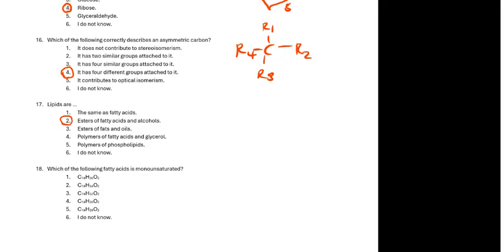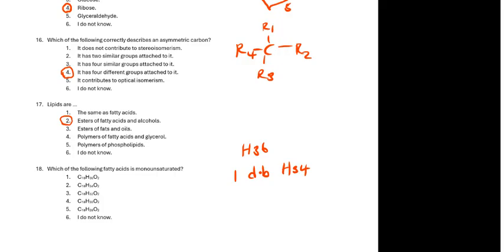So 18, which of the following fatty acids is monounsaturated? So here we need to understand that a saturated fatty acid has got a maximum of 36 hydrogens. So with a double bond, you reduce the hydrogen atoms by 2 hydrogens. So when you have one double bond, which is monounsaturated, that means you are going to have H34.